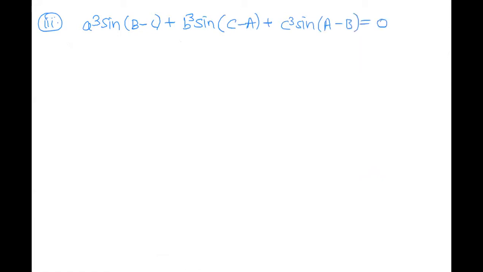Now we have to prove a cube into sine b minus c plus b cube into sine c minus a plus c cube into sine a minus b is equal to 0. This we have to prove. How to prove? Think for 30 seconds here. Think about it.